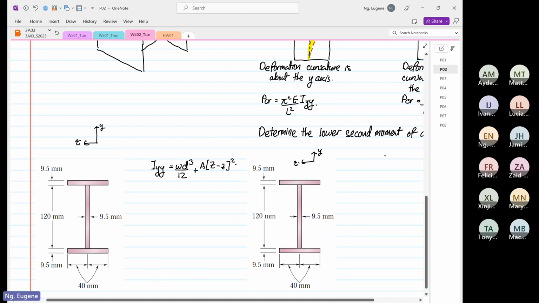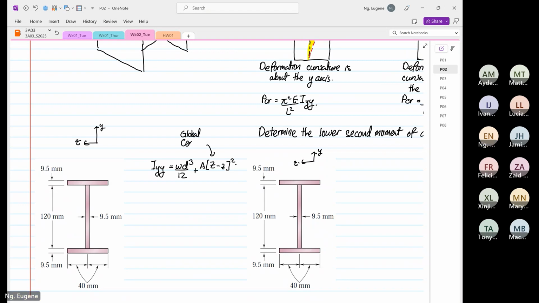The big Z means the global centroid. The small z is the local centroid.